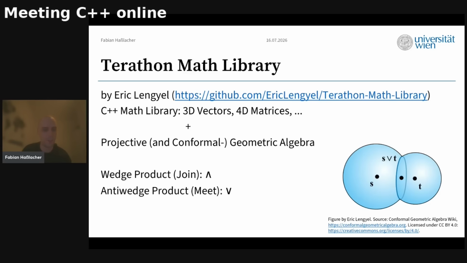But just a quick info: there are obviously 3D vectors and 4D matrices, so the standard operations you'd expect in game engine development. And there's also a wedge product and anti-wedge product, which are just operations to join geometric models or combine them. That's all I'm going to talk about that. If you really are interested in this, I'd recommend you check out his work.